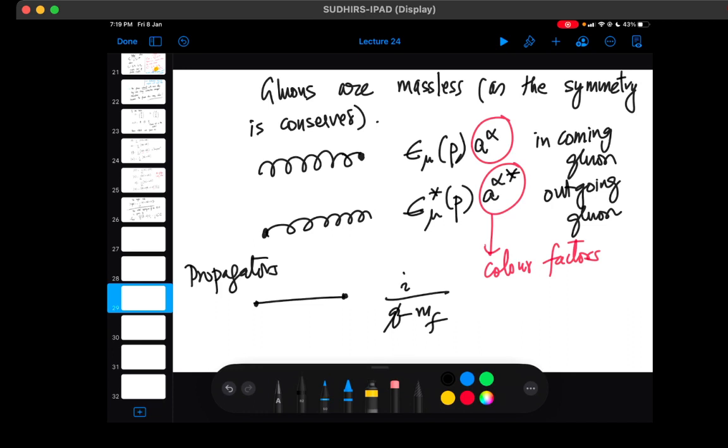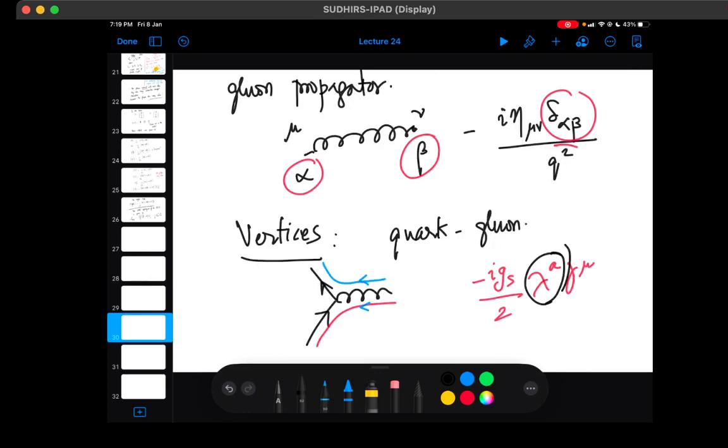The propagators are given in terms of this i (q slash minus m) for the quarks, and for the gluons the color factors associated are alpha and beta. So there is an eta mu nu times delta alpha beta, just to make sure that the color is conserved during the propagation of the gluon, and the rest of the propagator is exactly like that of a photon.